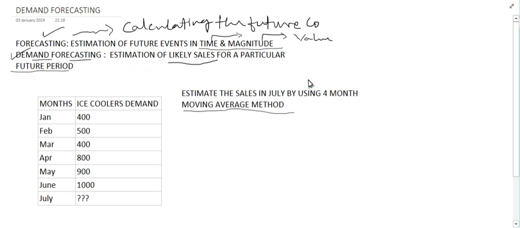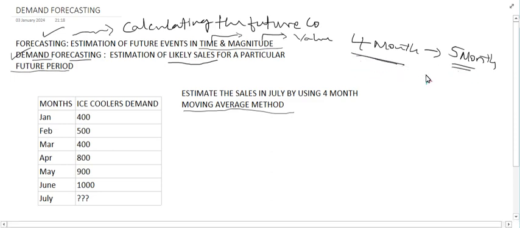For example, if you have the previous 4 months of data, I want to calculate what the sale will be in the next month for whatever product I have. So I have 4 months of data. How can I predict how much is going to sell in the 5th month? That can be done using demand forecasting methods.